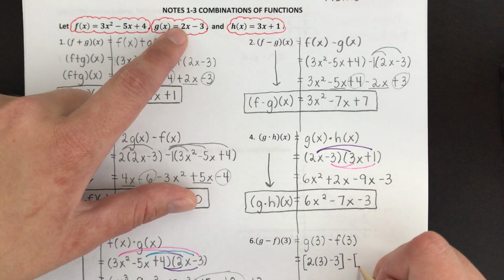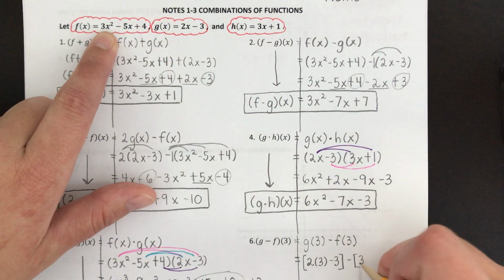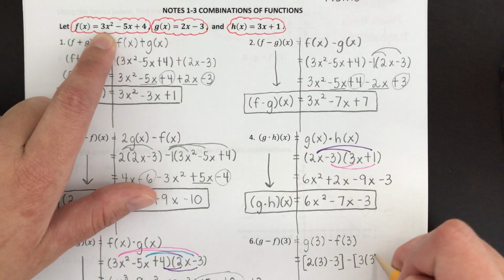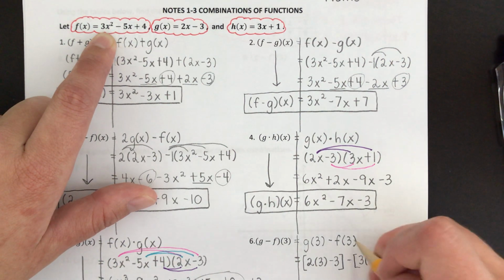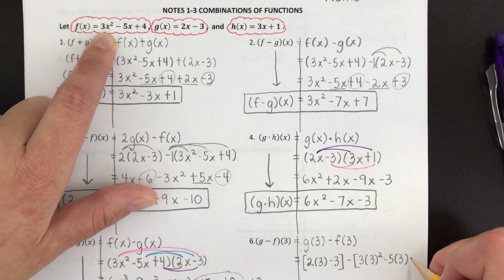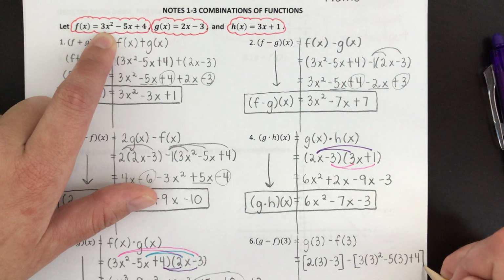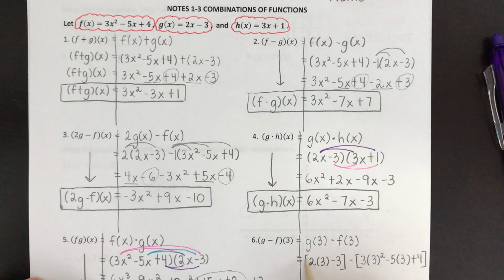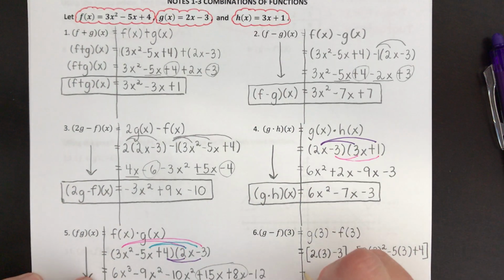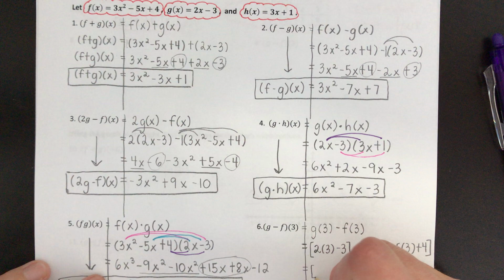Now let's do f, but where I see x, I'm plugging in 3 because that's what it tells me to do here, plus 4. Okay, and so like I said, I use brackets around the g function and the f function. That way it's not double parentheses because in years past when I used double parentheses, students got confused.